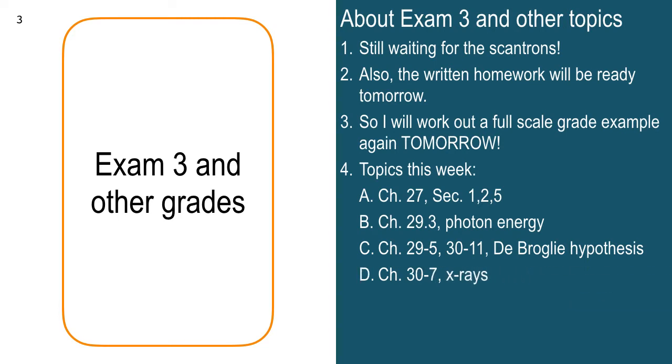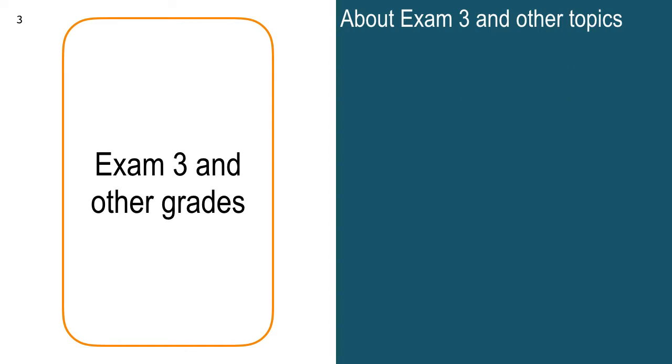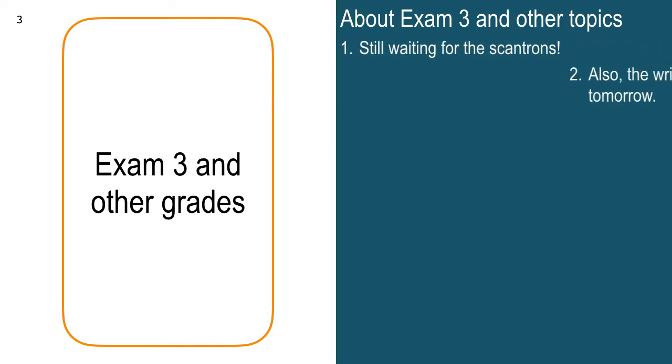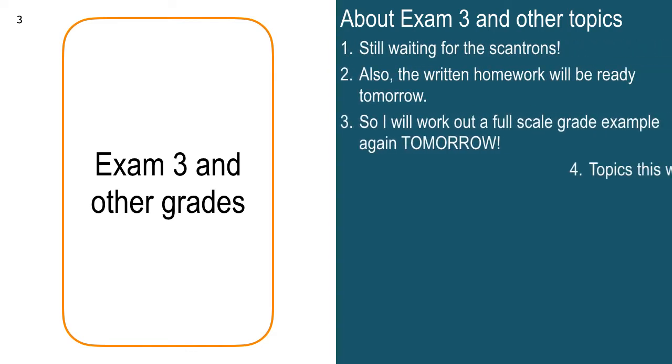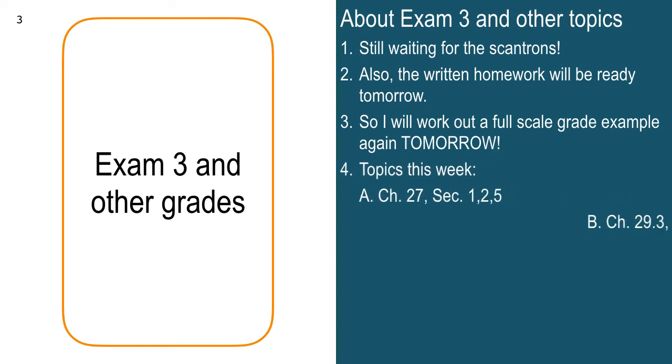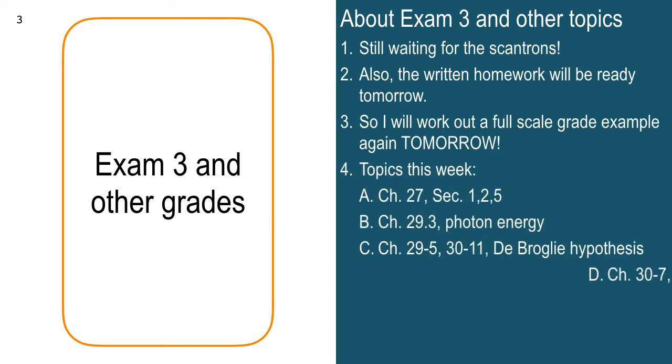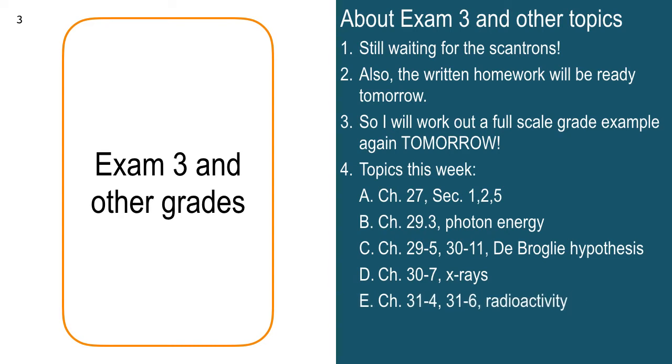We'll also talk about X-rays in chapter 30, section 7. And then we'll talk about radioactivity over there in chapter 31. And we'll just go over some of the basic decay modes of radioactivity.